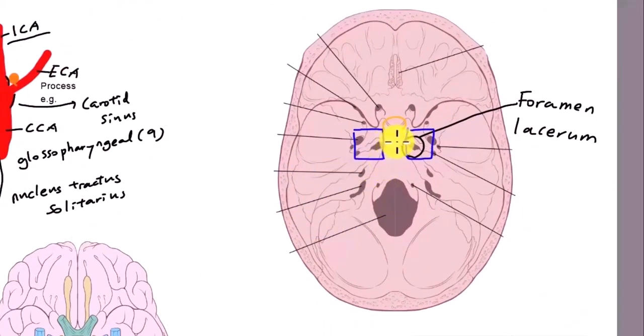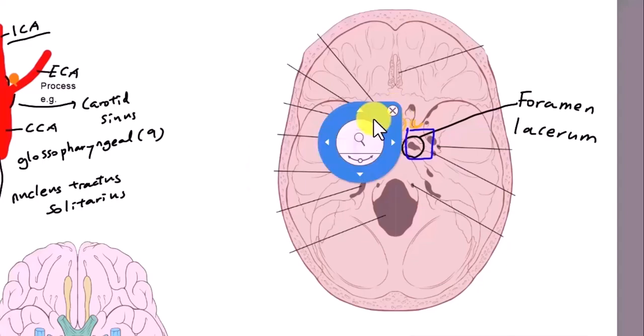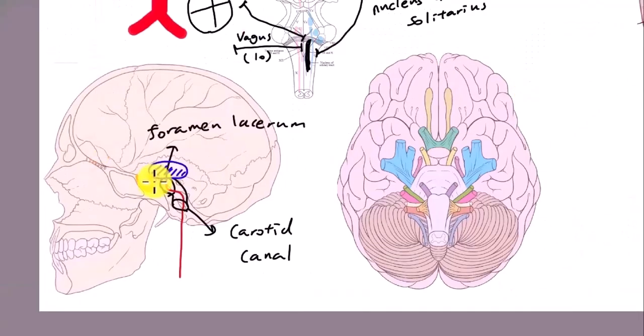Just to name a few structures around it, this is the clinoid process, a little sharp edge. This is dorsum sellae, and this is tuberculum sellae. The posterior wall of the sella turcica is called dorsum sellae, and the anterior wall of the sella turcica is called tuberculum sellae.